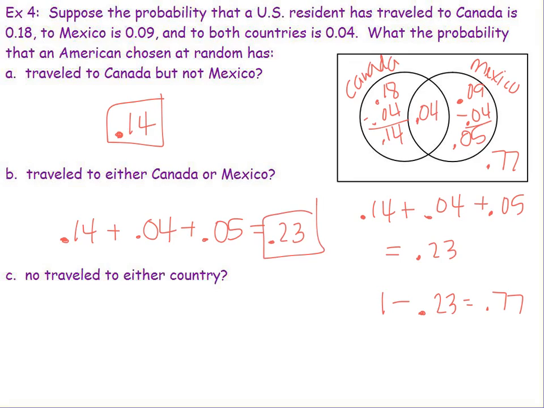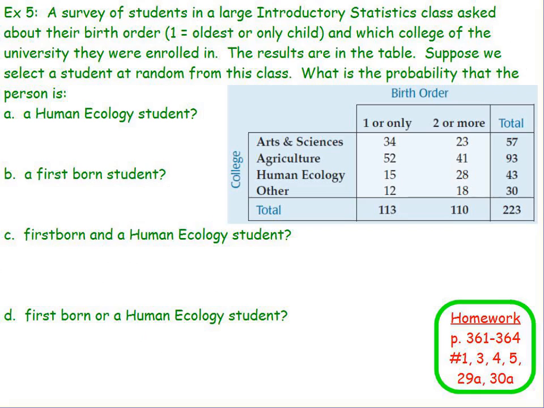And then what's the probability that they have not traveled to either country? That's your leftovers, which is 0.77. So hopefully you're looking at these and you're thinking, wow, these are actually pretty easy. So we have one more example to look at.